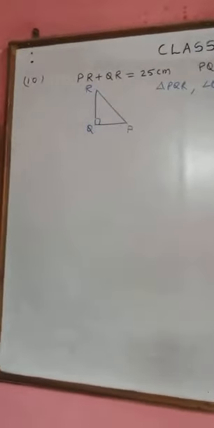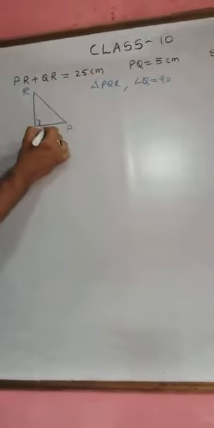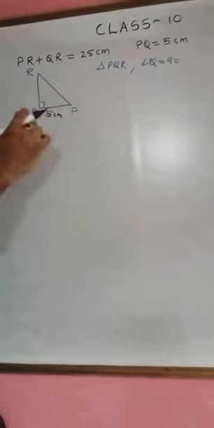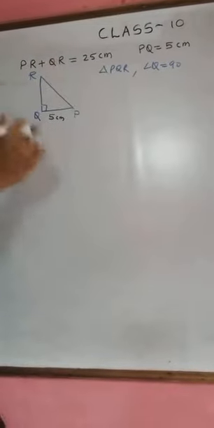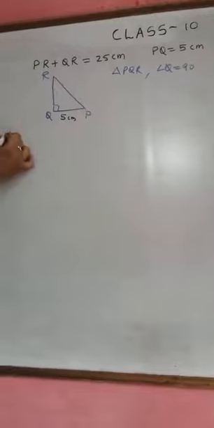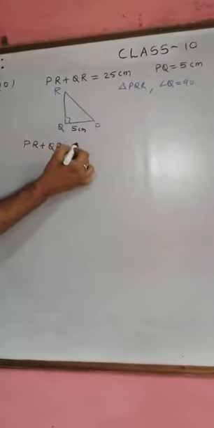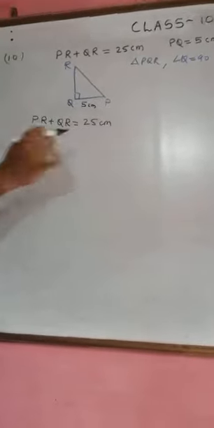Now what we will do, PQ is given 5 centimeter. You can see PQ is given 5 centimeter, and PR plus QR, the sum of two sides, is equal to 25 centimeter.